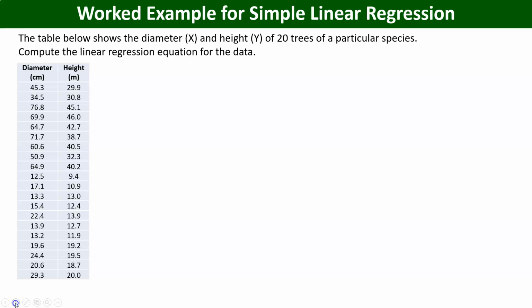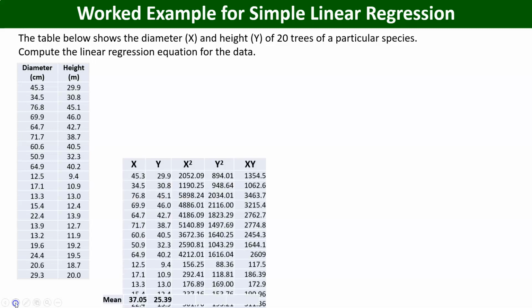So we have two variables here. The independent variable, which is variable x, is the diameter, and it is measured in centimeters. The dependent variable is variable y, and it is measured in meters. So we want to proceed right into the analysis.